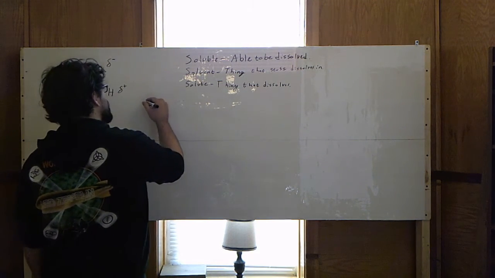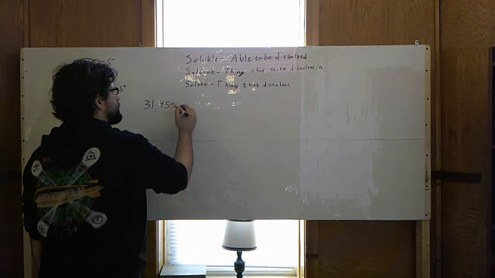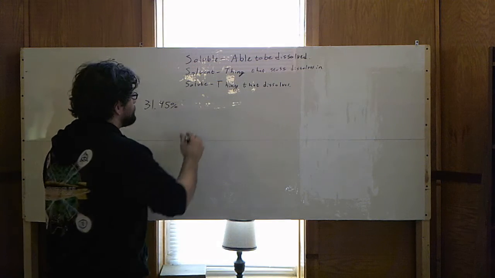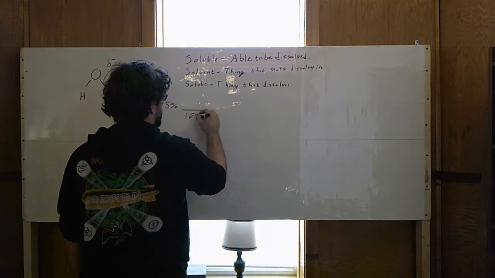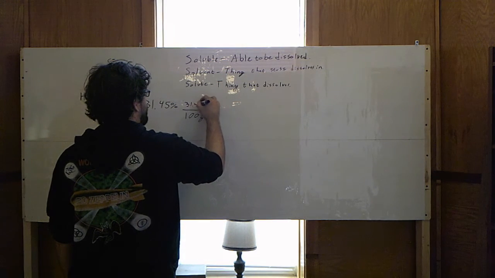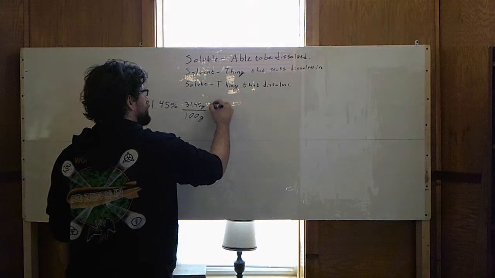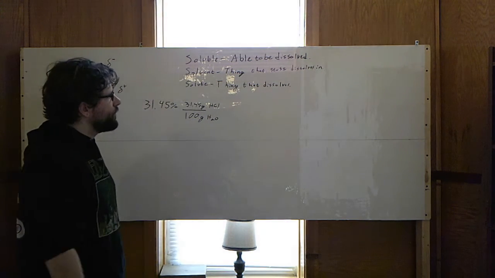It's really inconvenient. So the stuff I bought was 31.45%. What that means is that out of 100 grams, 31.45 grams would be the HCl, the rest would be H2O.